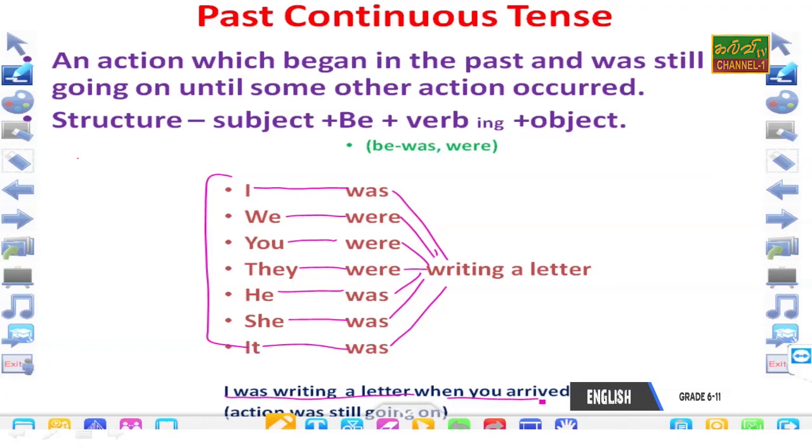Everything has been contained based on my writing skill through this past continuous. So you can make this sentence a lengthy one. Following this first sentence, I have given the next idea also. When you arrived, நீ வந்தடைந்த போது, I was writing a letter. So I was writing a letter when you arrived.